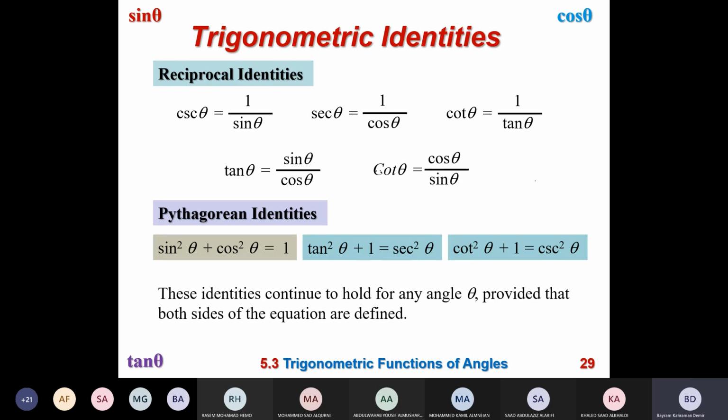So we can write tangent as sine theta divided by cosine theta, and cotangent is cosine theta divided by sine theta. So we have the Pythagorean identities: the famous sine square theta plus cosine square theta is 1, and tangent square theta plus 1 is secant square, and cotangent square theta plus 1 is cosecant square.